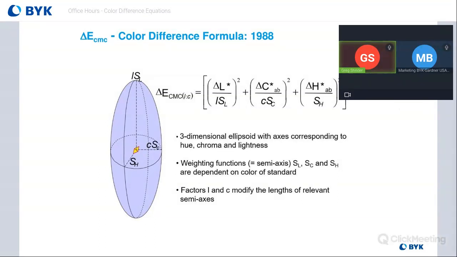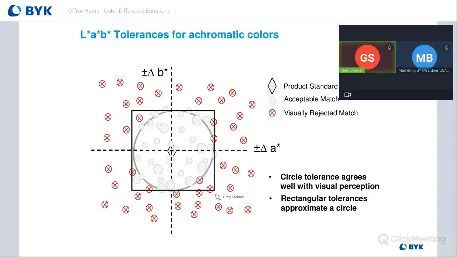The delta E calculation for 1976 would be shown here with the sphere. This is a two-dimensional circle, but in 3 dimensions, it would be a sphere. And that's just to say that in this case, if each of these axes were 1, when you're in between the axes, it's a sphere dimension.